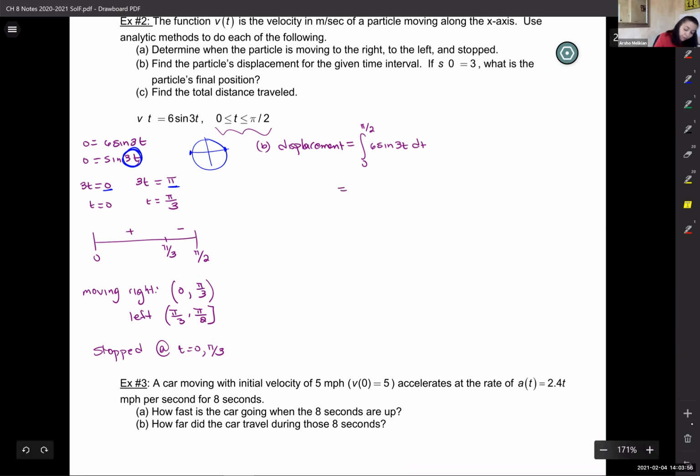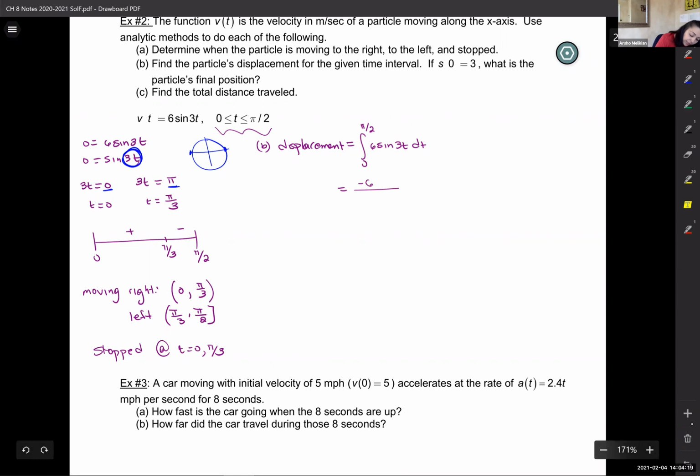So let's see. If you integrate that, this is a u substitution problem, right? But the derivative of u, what's u? 3t. And the derivative is just 3. Remember, when the derivative of u is a constant, we could just integrate and divide by the constant. So that's what I want to do. The integral of sine is negative cosine.